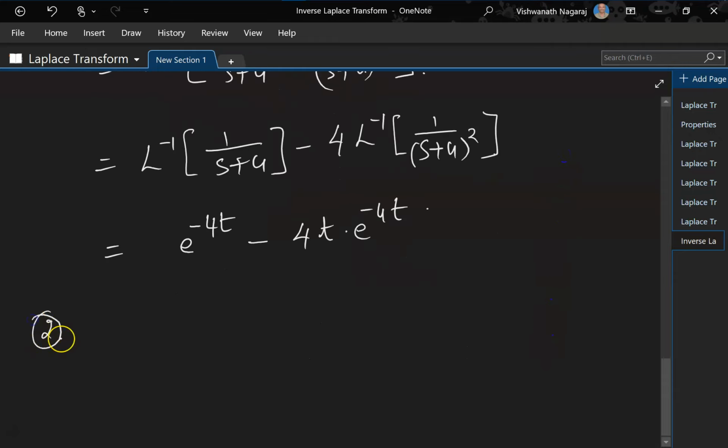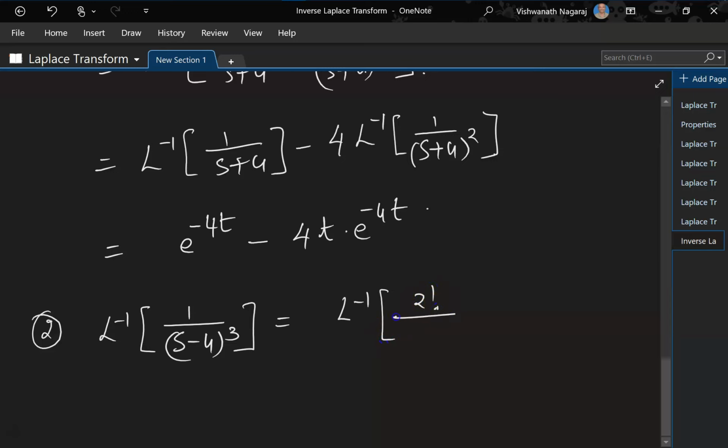Okay, let's look at the second one. Let's say we have to figure out the Laplace inverse of 1 by s minus 4 cube. Now this can be written as, again you have to remember those, right? So what we require is 2 factorial above s minus 4 cube.